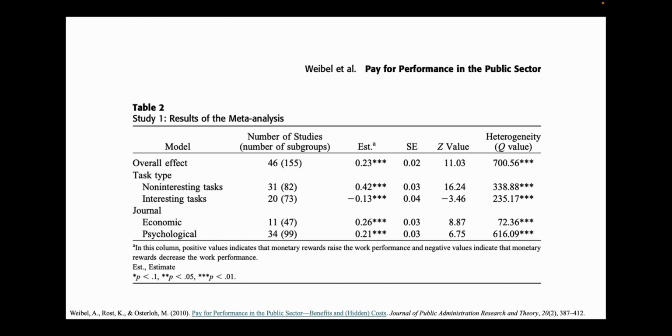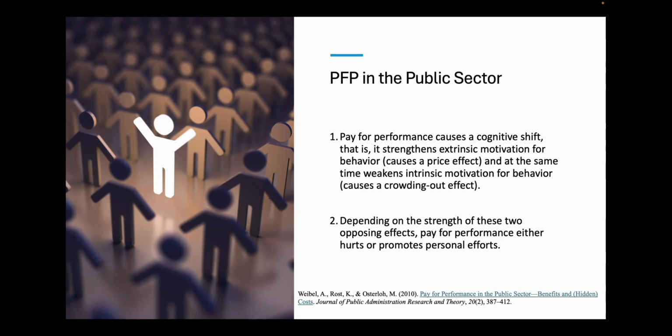So basically, if this is an interesting task, and you say, okay, I'm going to pay for your performance in the public sector, then the employees simply will not do that, and they will not perform well, and quite the opposite, they actually perform worse, right? Because that distorts the meaning of their job, as we already discussed.